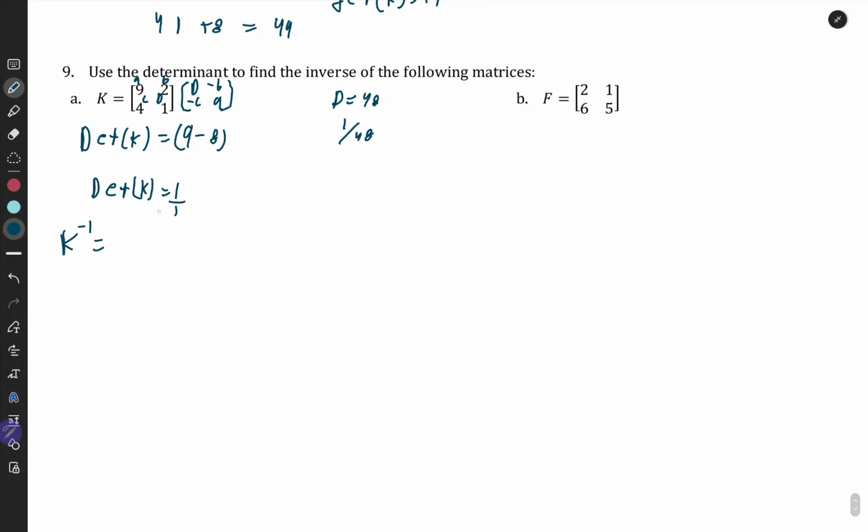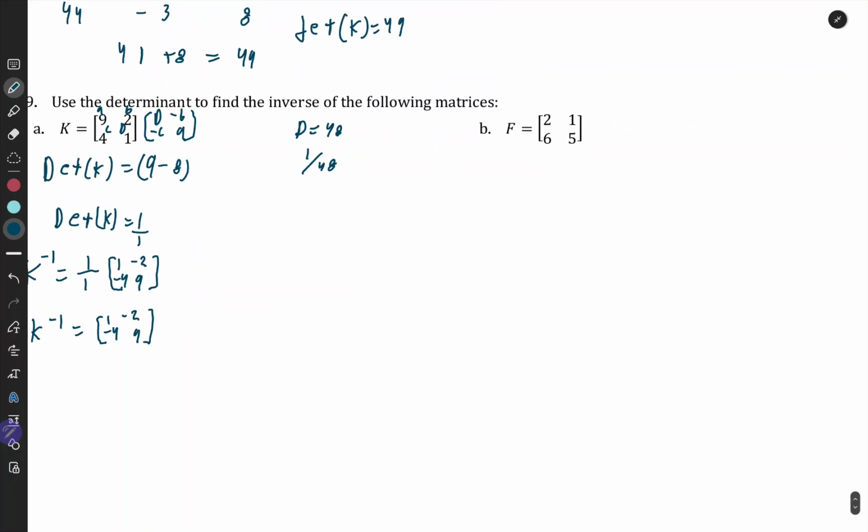So in this case it's 1 over 1, so 1 over 1 times the inverse of this, which would be 1, 9, -4, -2. And all you have to do is multiply this by this now. Since it's 1, it just stays the same. K inverse equals 1, -4, -2, 9.